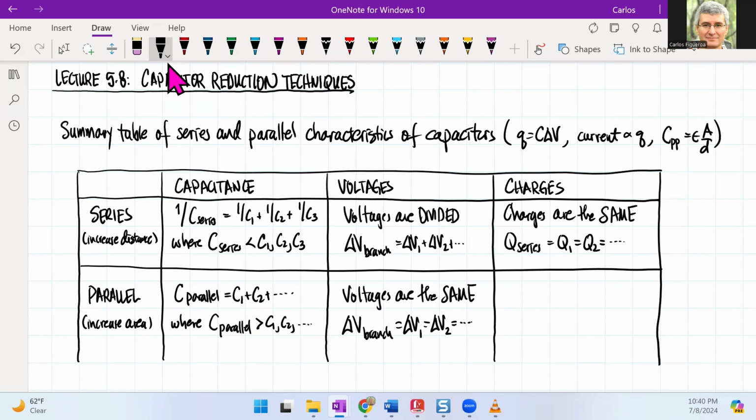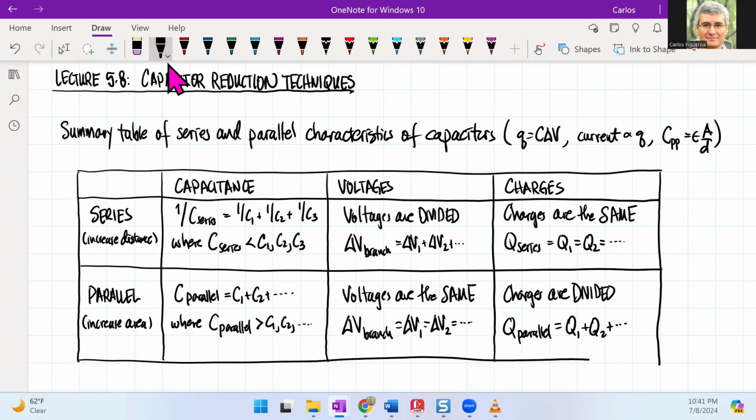And then finally, since current is divided in parallel, we say charges are divided in parallel, such that the total charge, the parallel charge, is a combination of all of the individual charges on the capacitors.